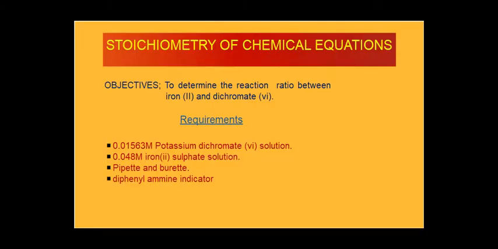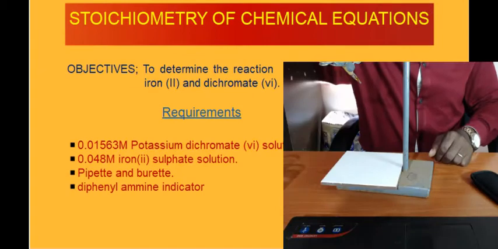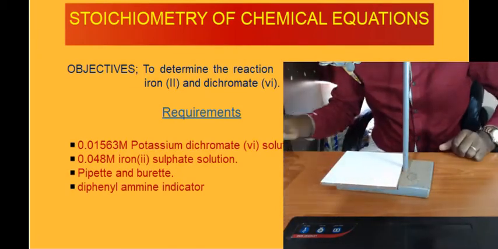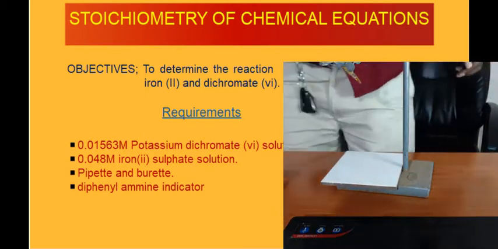Let us now start the titration. We will start by putting dichromate in the burette. So I'm running dichromate into the burette.